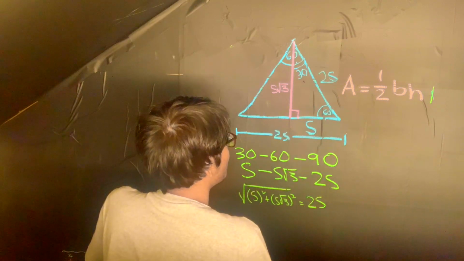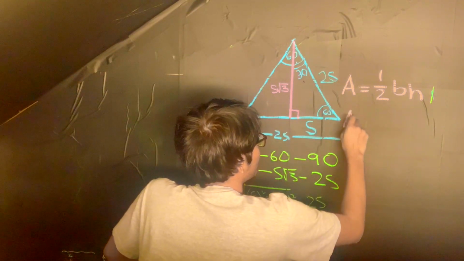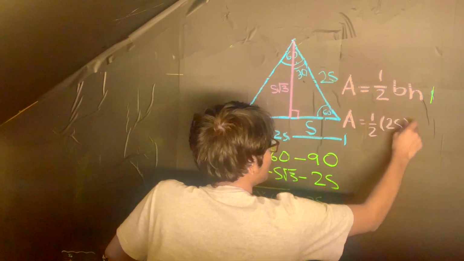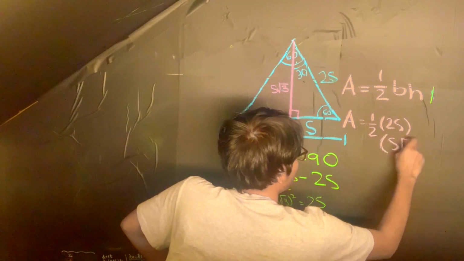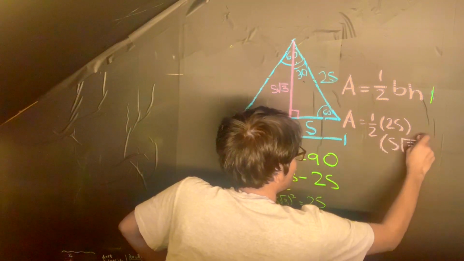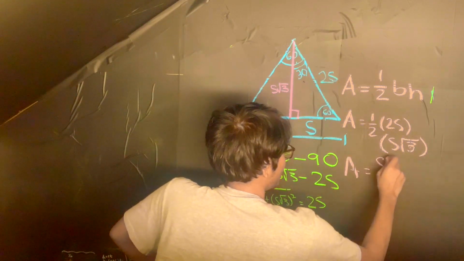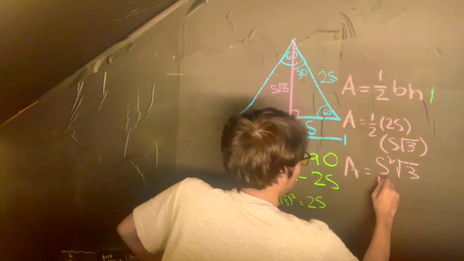So what is our base right here? Our base right here is 2s. So we've got area is equal to half of my base, which is 2s. And what's my height going to be? Well, it's going to be s root 3.